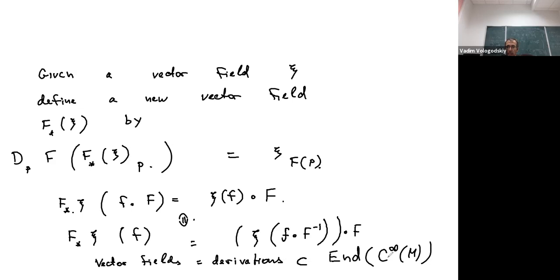Now, we already discussed that C infinity M is a representation of the group of diffeomorphisms. That's the very basic construction that we started with. So imagine that you have abstractly any group acting on a vector space. Then it also acts on the space of endomorphisms of this vector space. Well, there are actually many actions. The action that we are interested in is the adjoint action.